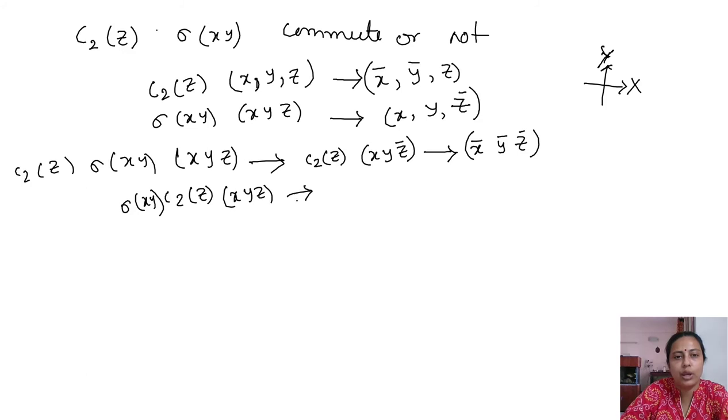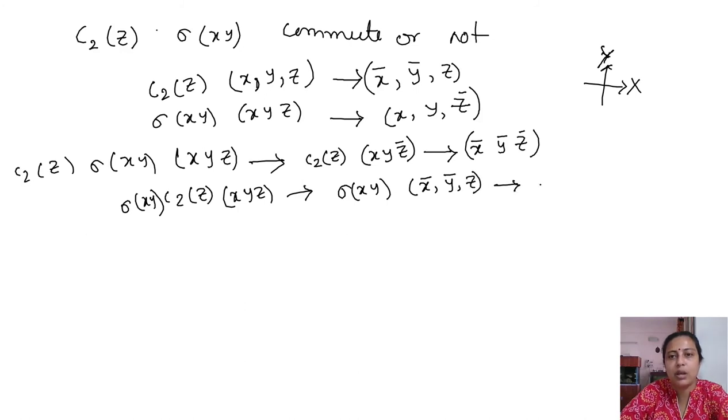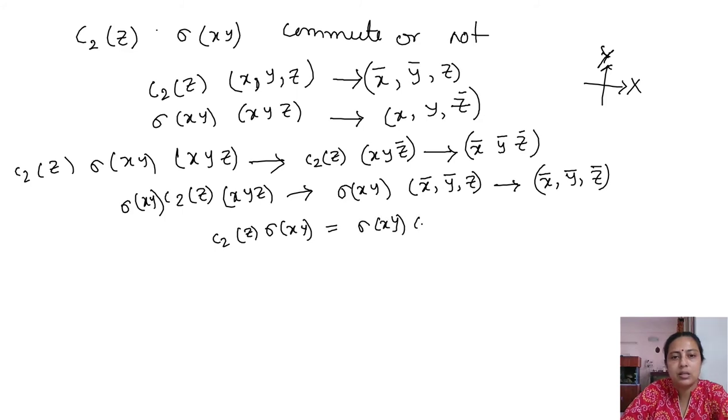C2Z gives X bar, Y bar, Z, and sigma XY on that gives X bar, Y bar, Z bar. So I can say C2Z sigma xy is equal to sigma xy C2Z, because both times I get the same Cartesian coordinates.